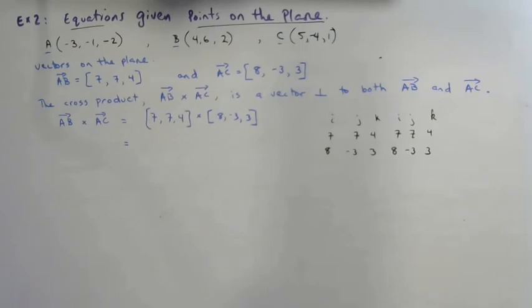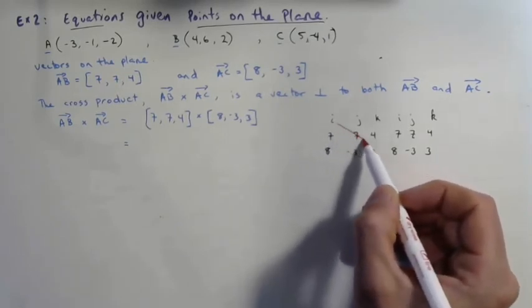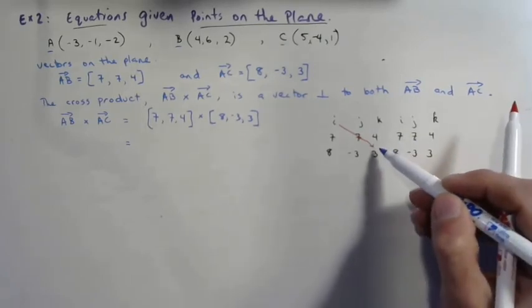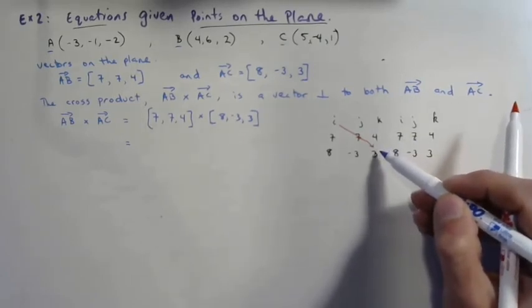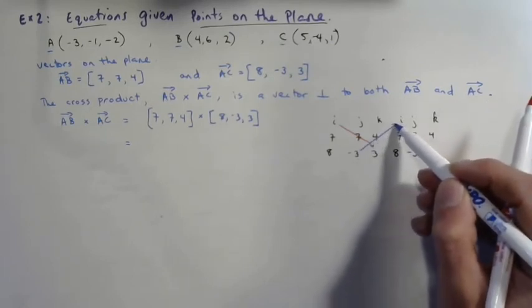And now if we want to find the i component of our cross product, we're going to be tracing down 7 times 3, and then we're going to be subtracting, by tracing back up to the i, negative 3 times 4.